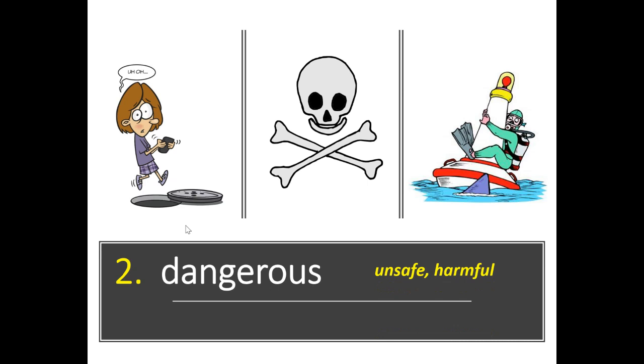What does dangerous mean? Unsafe or harmful. So if you're doing your synonym, you can write dangerous in the first column. In the second column, you can write unsafe or harmful. And then in the third column, you can write or draw a quick sketch of something dangerous.